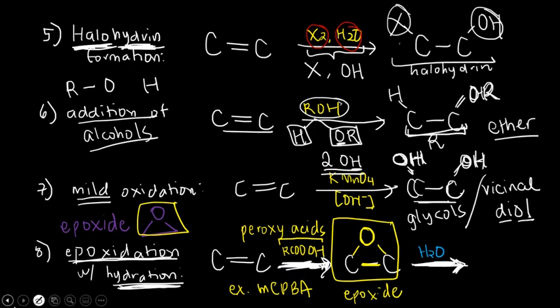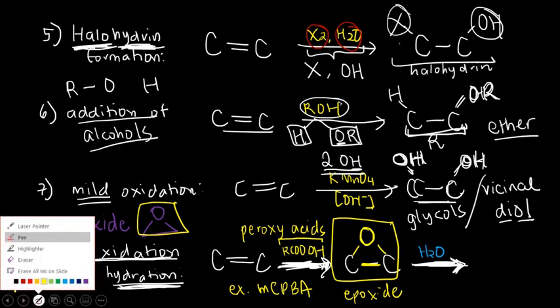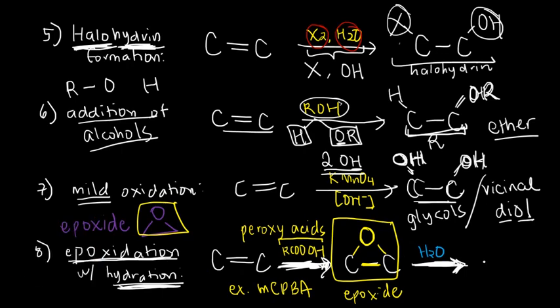Then finally, if we add water, one thing you should know is that the epoxide ring would actually open. When I say open, it means that one of the two bonds here is going to get broken. One will remain. So let's say I'm going to break this bond. This will remain, so this carbon still holds that oxygen. But as for this carbon, it's going to be a carbocation.